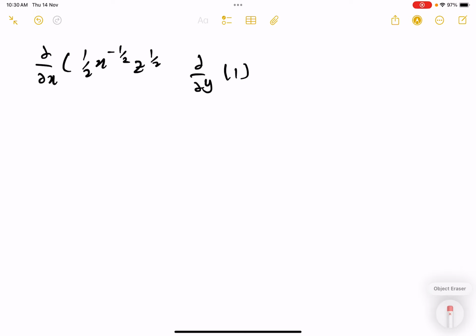Oh, sorry, I missed the operation. Z here, half x is positive, right, z is the negative half.